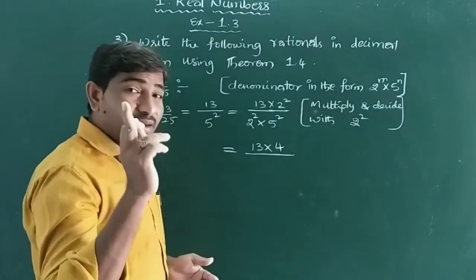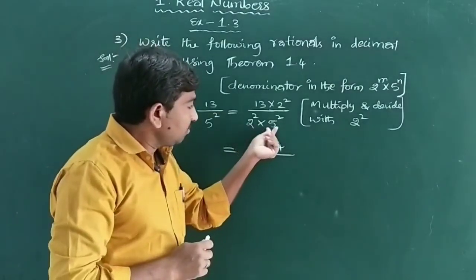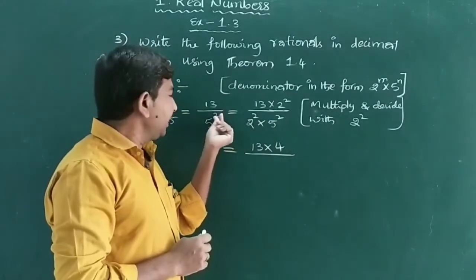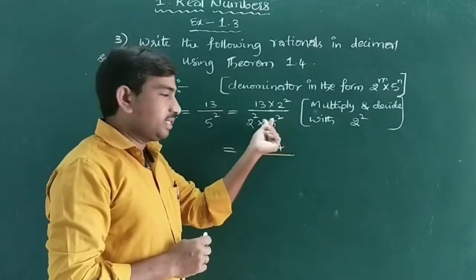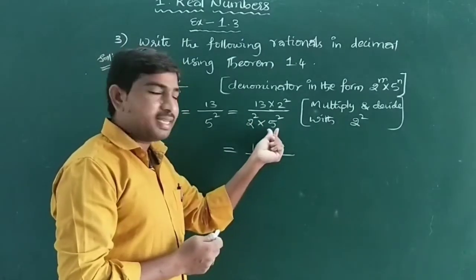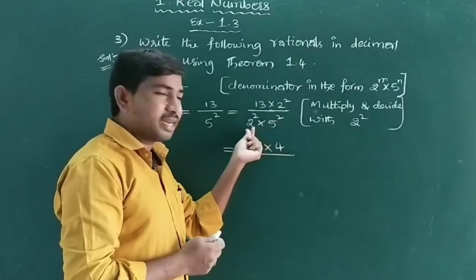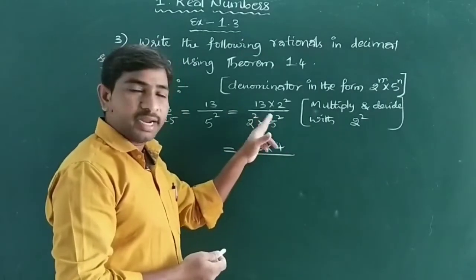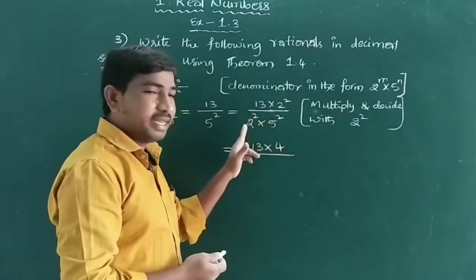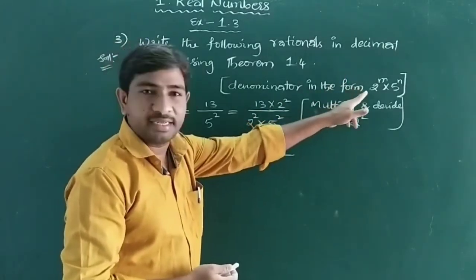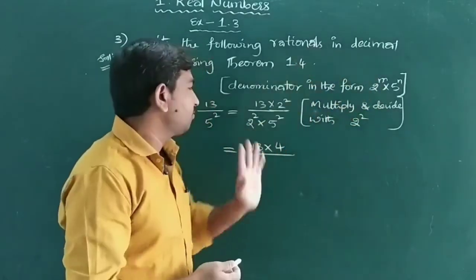First 5 square is there, so to equate the powers we take 2 square only. If the 5 has 3 as the power, then you take 2 power 3. To get the same powers, we take the extra number so that we get the form 2 power m into 5 power n.